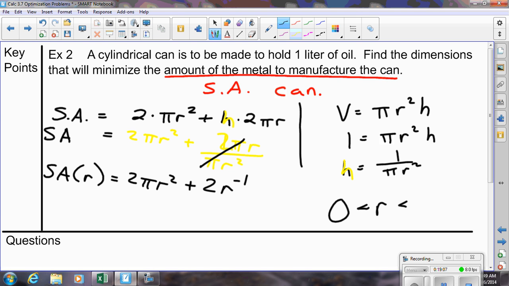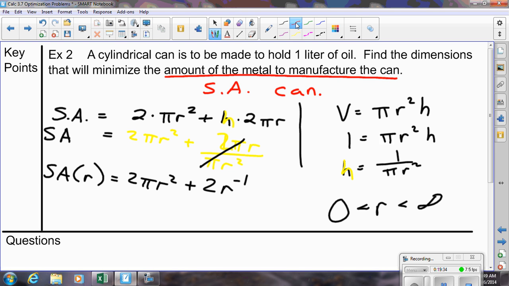Because if we start using a radius of like a millionth, like 0.00000001, it would just force us to have a really, really big height. But realistically, a radius of infinity doesn't really make sense. So potentially, if we were to do some more research, maybe we could find another constraint. But at the very least, we know that the radius has to be positive.